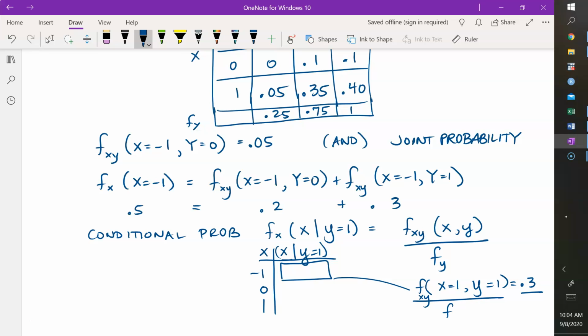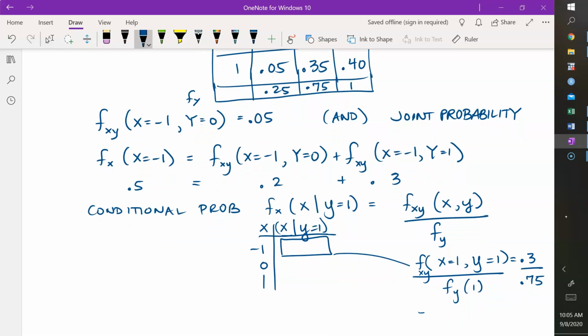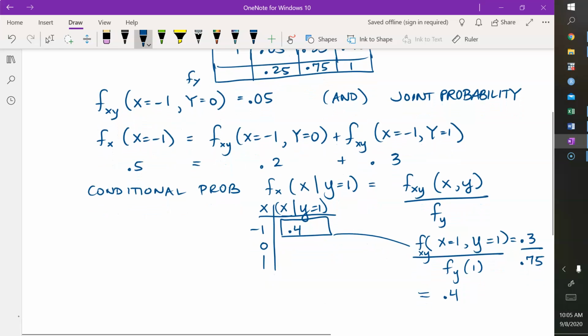It needs to be divided by just the chance that y is 1, which is 0.75. So the conditional probability has the joint in the numerator and just the chance that y is 1 in the denominator. If I divide those two, that's going to equal 0.4. So there's a 40% chance that, given I already know that y is 1, x is going to be -1.